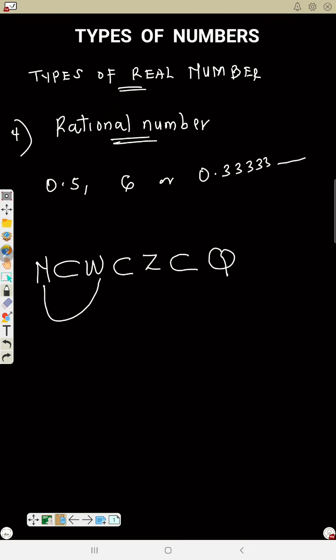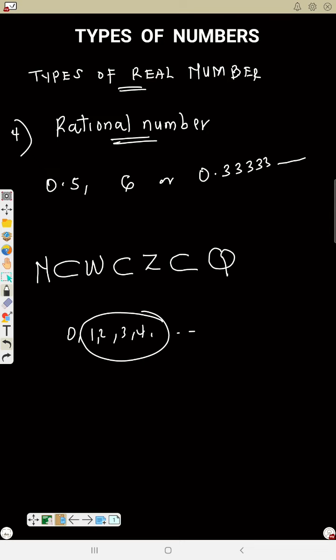Natural numbers are a subset of whole numbers, meaning natural numbers are inside whole numbers. Whole numbers are 0, 1, 2, 3, 4, and so on. Why are natural numbers only this one? We've talked about that.